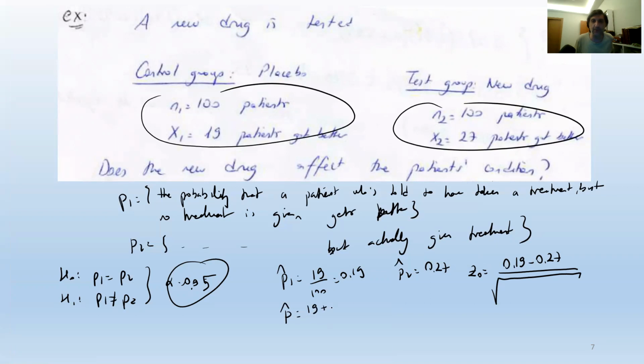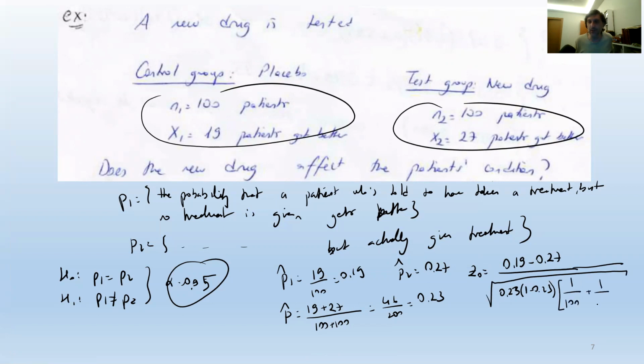It's going to be total number of successes from both groups divided by the total size. So this is going to be equal to 46 over 200, which is going to be equal to 0.23, I guess. So here we are going to have 0.23 multiplied by 1 minus 0.23, and multiplied by 1 over 100 plus 1 over 100, if I've done everything correctly.